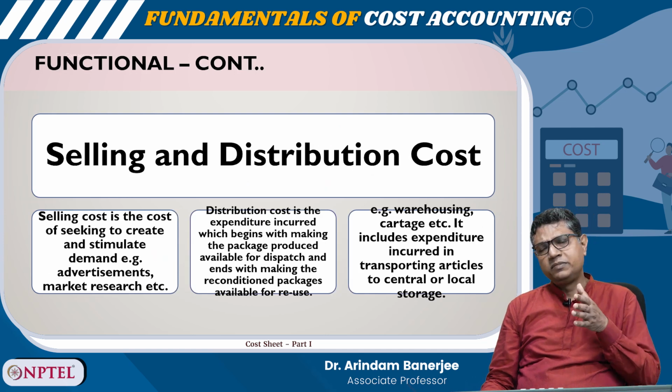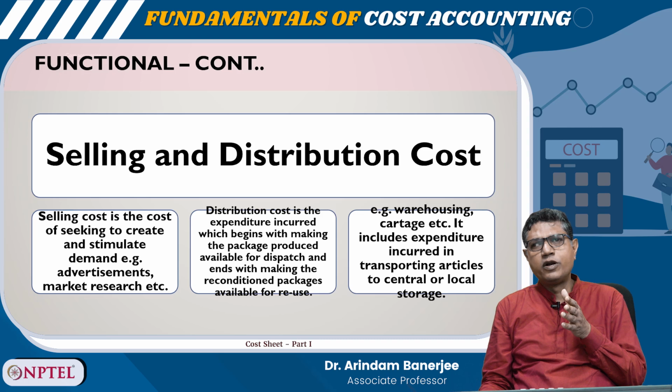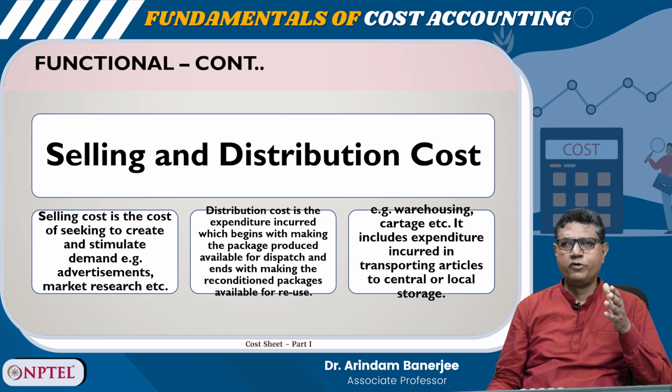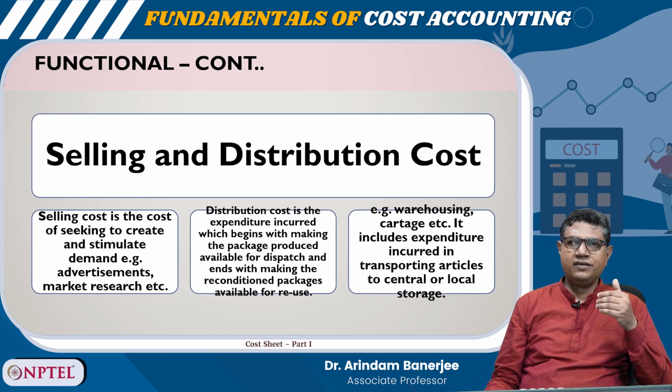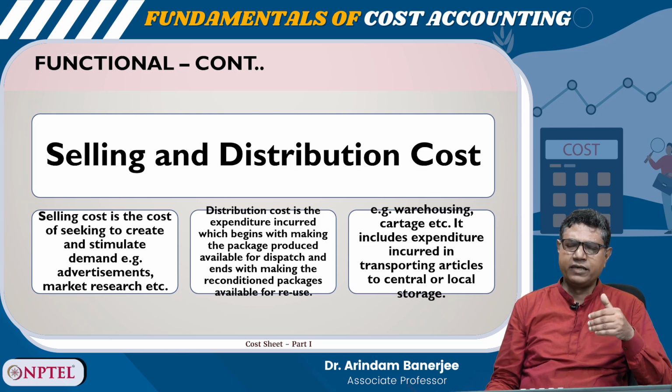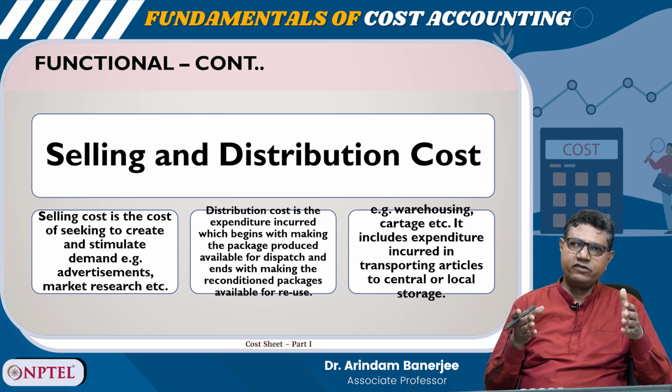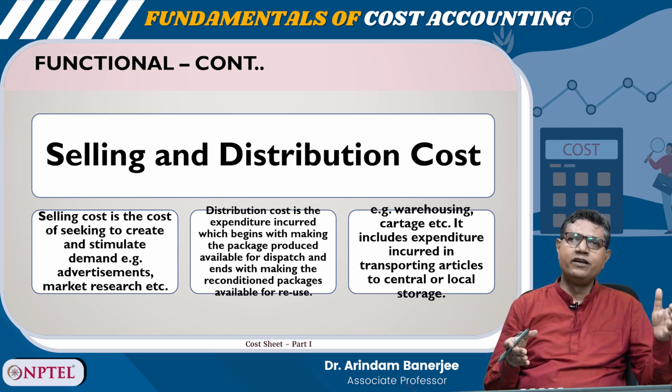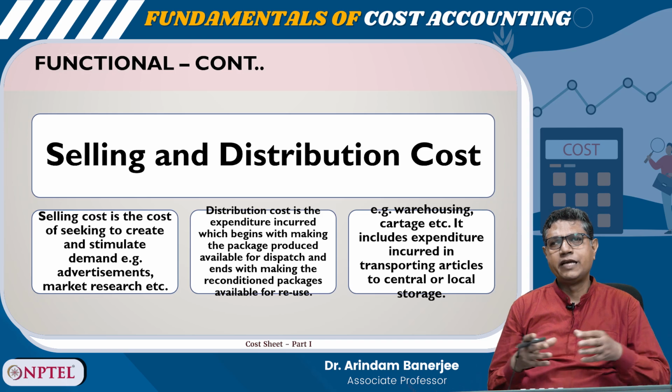So once the final product has been produced, it has to reach from the factory complex to the end user. This path is covered by the selling and distribution channels.